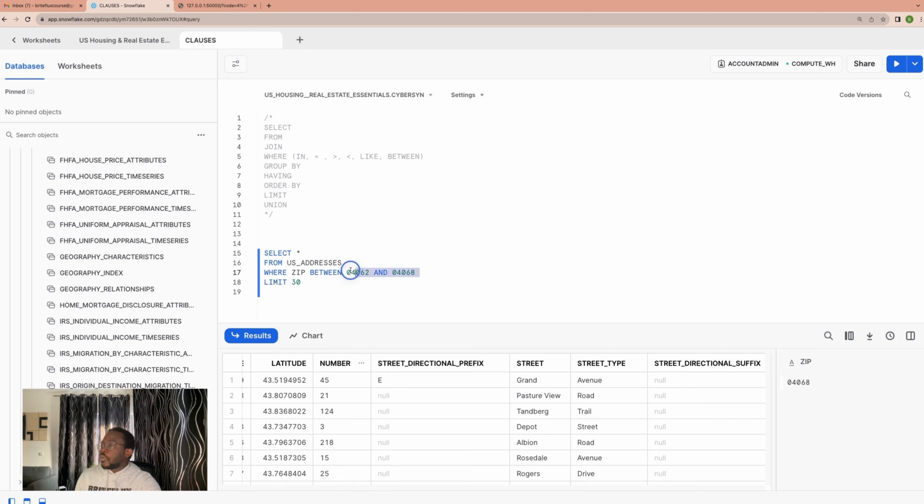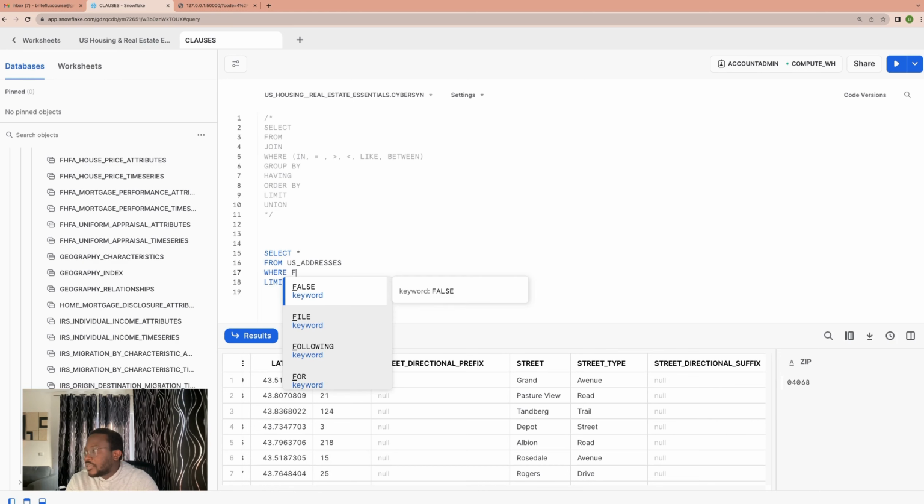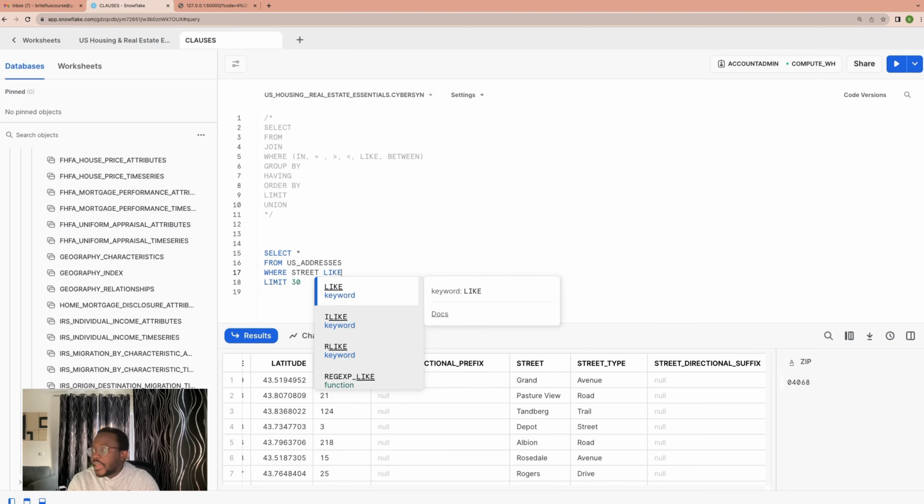One thing we will learn to use in this case is the percentage sign. It's really important. The percentage sign acts essentially as a mask. Say we want to filter the streets that start with A: where street is LIKE 'A%'.